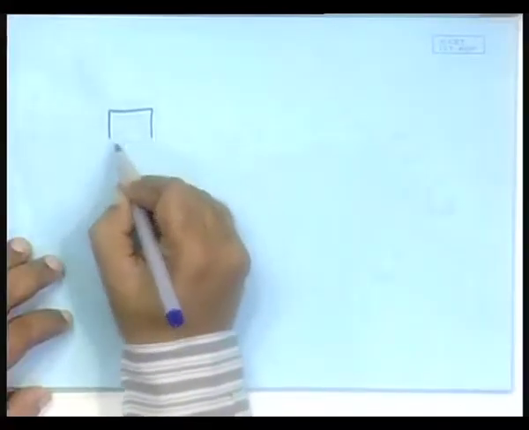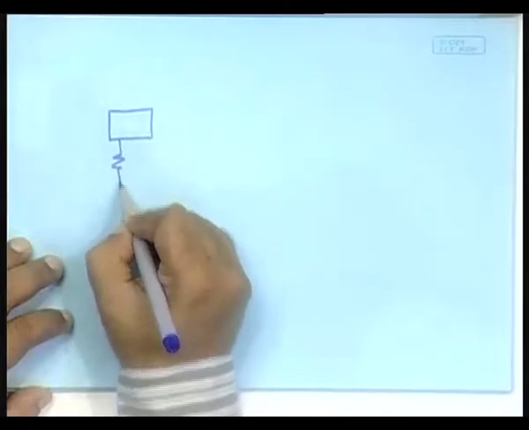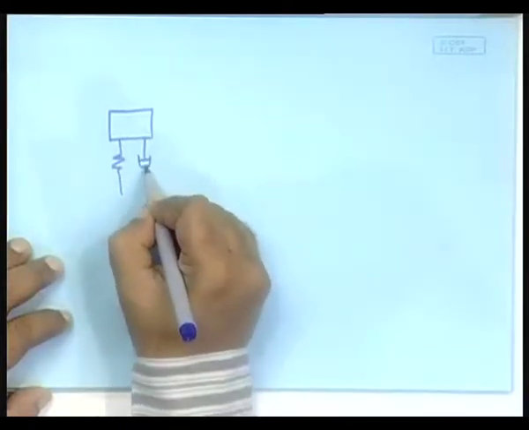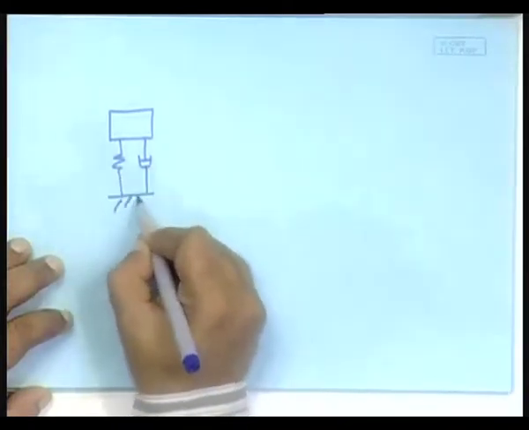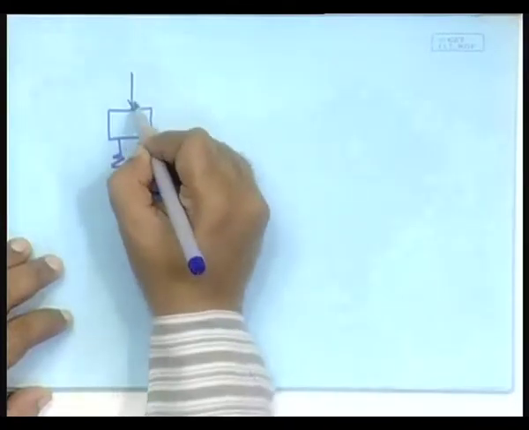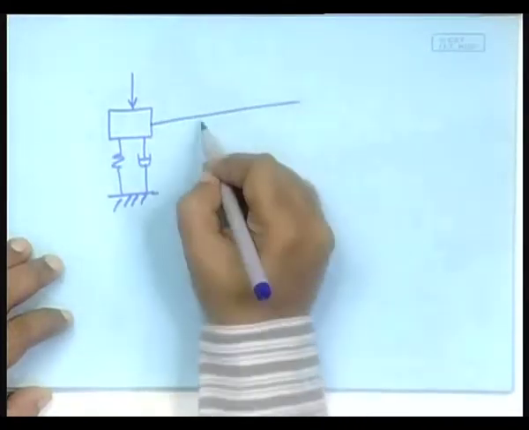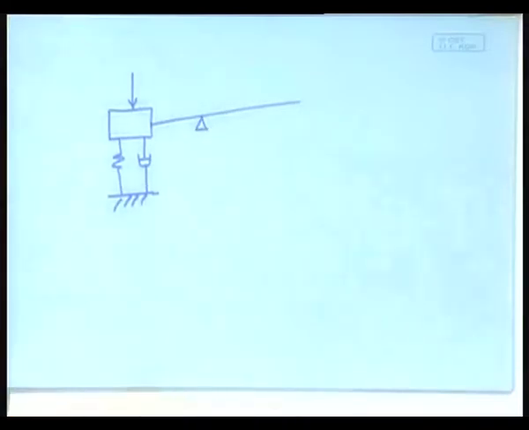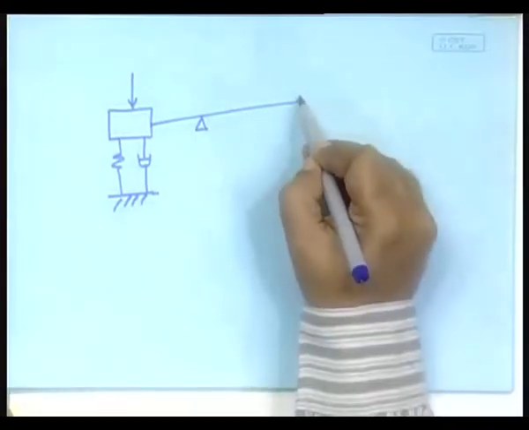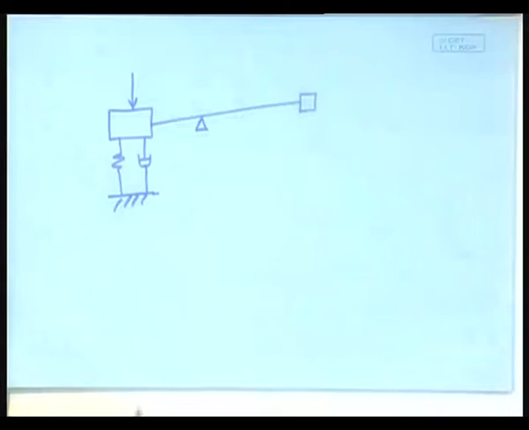We have a mass, we have this arrangement connected to the ground, and at this point suppose the other mass is directly connected to this. Let's do the bond graph of this.